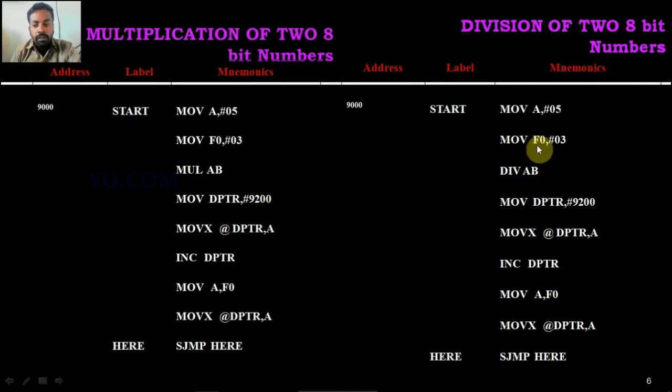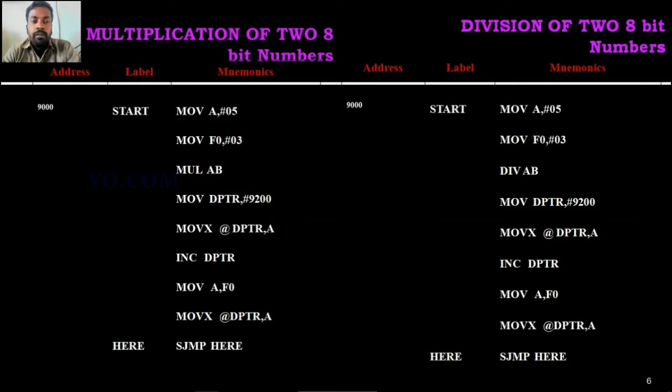The same program is used for division also. Only one change: DIV AB instead of MUL AB. Remaining everything is the same. So this is a division of two 8-bit numbers. In multiplication and division, you must know that the result is stored in A register and B register.